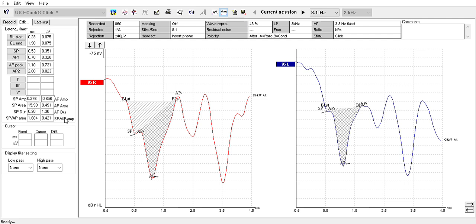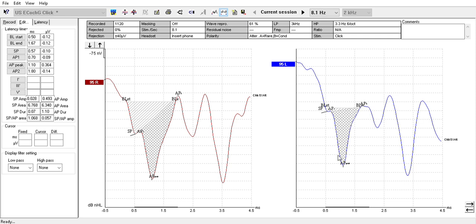And that will calculate this ratio that we see over here on the left, this SP-AP amplitude ratio we'll see right here. And for this patient on the right side, it's 0.421. And if I double click on the left, we see 0.057. Now we can see a pretty big difference here, which is nice to see. This left one, it's very short between the baseline and the SP compared to the baseline to the AP.